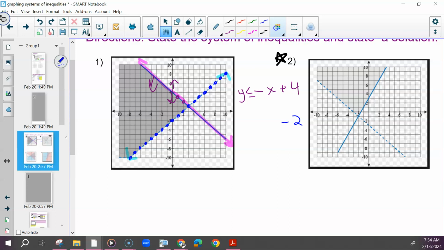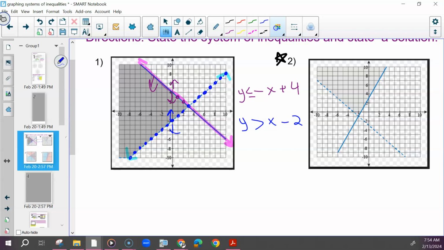But the slope of this one was 1. This is a dashed line, so it has to be strictly less than or greater than. Is this shaded above or below the line? Greater than.